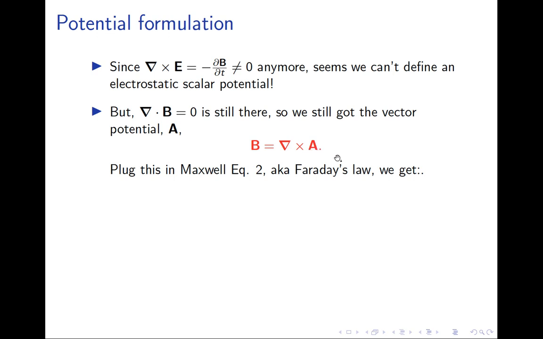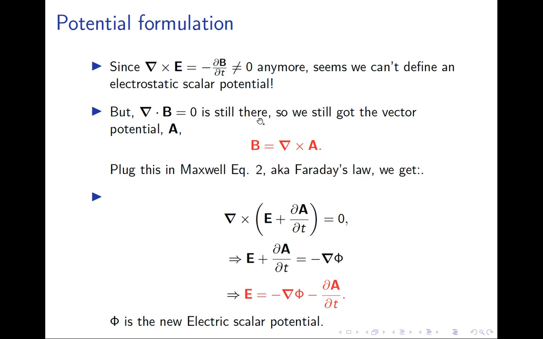Now things take a turn for the good when we substitute this in the Faraday law. Okay, so this is the Faraday law, curl of E equal to minus del B del t. Now instead of B, we substitute curl of A here, and then we switch the curl with the del t. So curl will go outside, because these are spatial and time derivatives, they commute with each other. And we have this new equation, Faraday's law.